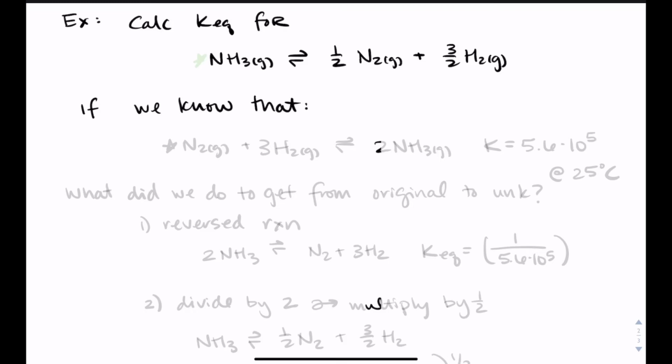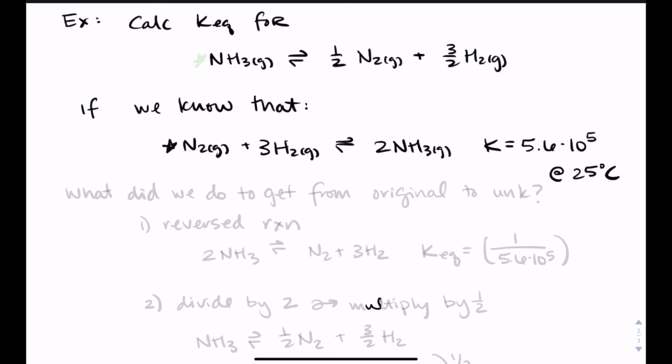But what we know is that the equilibrium constant for N2 plus 3H2 in equilibrium with 2NH3 is 5.6 times 10 to the fifth. So these have the same molecules in them. Now the products don't match, the coefficients don't match, the reactants don't match. We have to do something, but it has the same things in it.